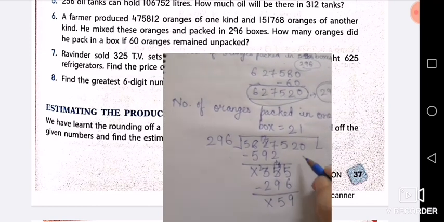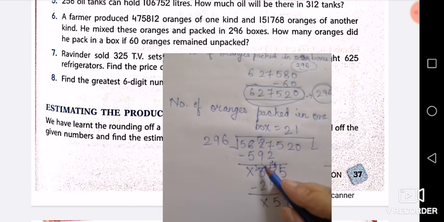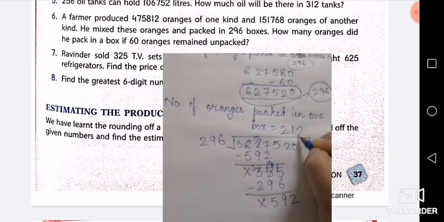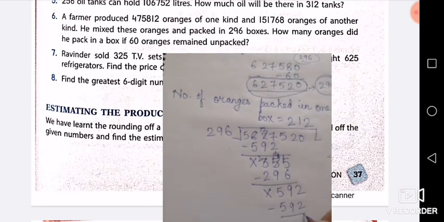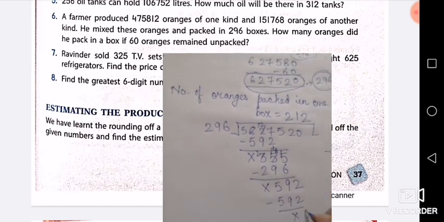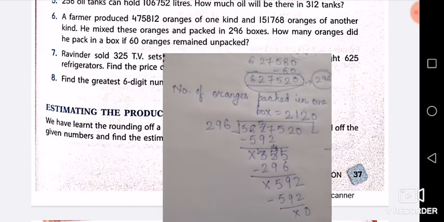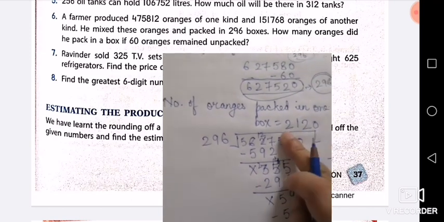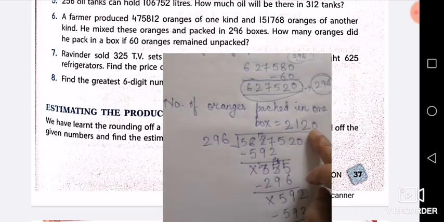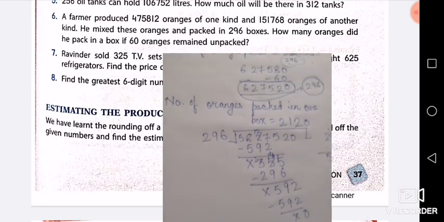Now what will get down next? 2. Now 592, can you see this? It will be 2 times. So we'll subtract it. Now last is 0. So zeros will be 0 only. And these many oranges means 2120 oranges were packed in one box.